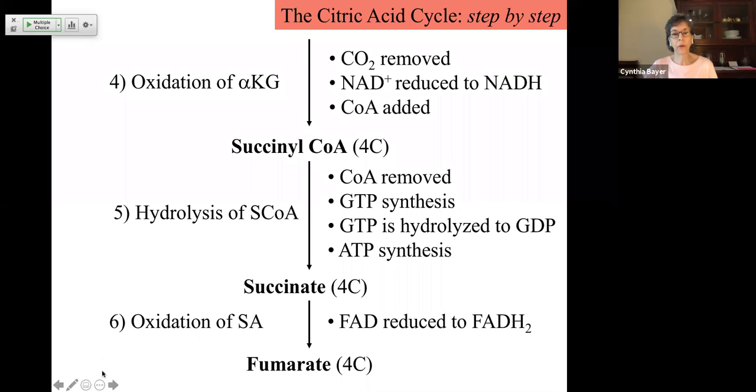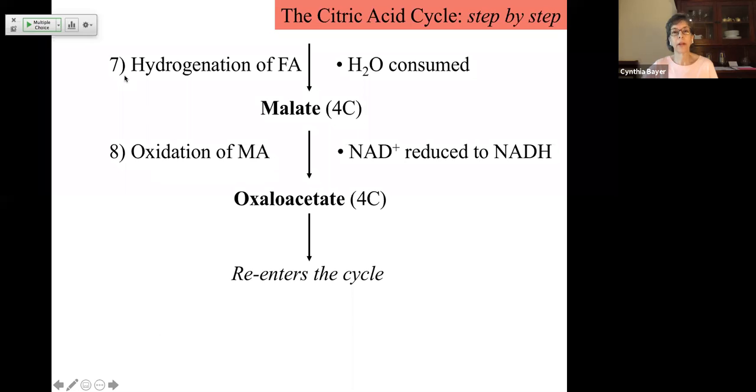Succinate converted to fumarate. Finally, on our last page, that fumarate will then be hydrogenated, meaning hydrogens will be added, converting fumarate to malate, and then malate will undergo our fourth oxidation step as it's converted to oxaloacetate, regenerating oxaloacetate, which can then combine with another molecule of acetyl-CoA.